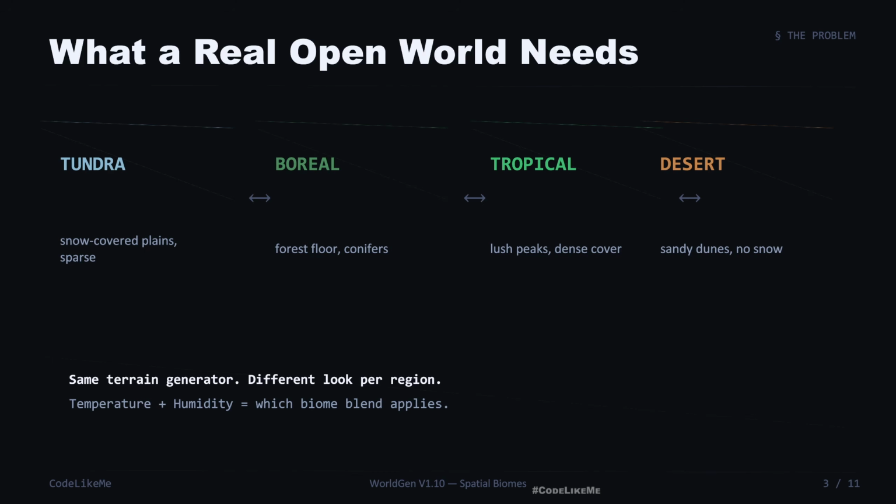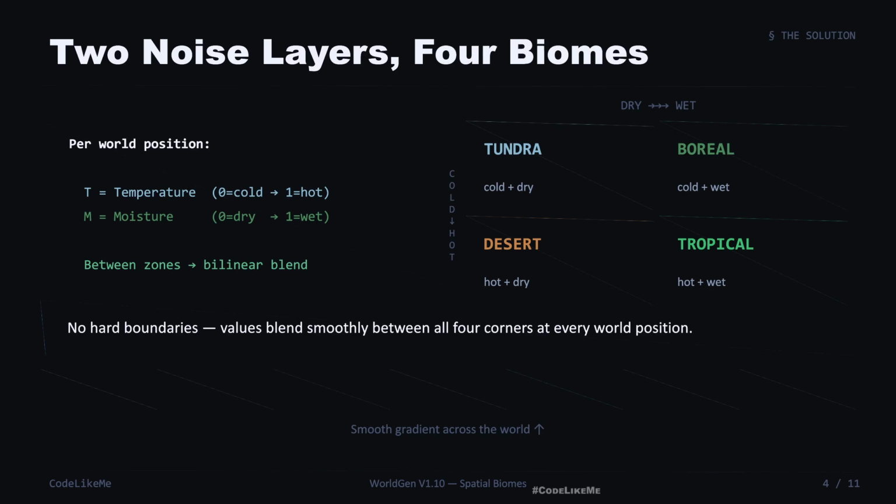Based on these two values, biome blending happens. T stands for temperature, M stands for moisture or humidity. And between zones, we have bilinear blending. Tundra means cold and dry, boreal means cold and wet, desert means hot and dry, tropical means hot and wet. No hard boundaries, everything is smoothly blended.